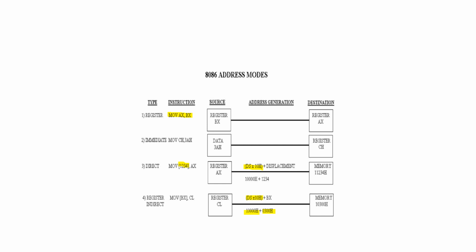That is why it is called register indirect addressing. I get only a 16-bit offset address from BX, which has to be added with the segment address, so that I get a 20-bit address, 10300.